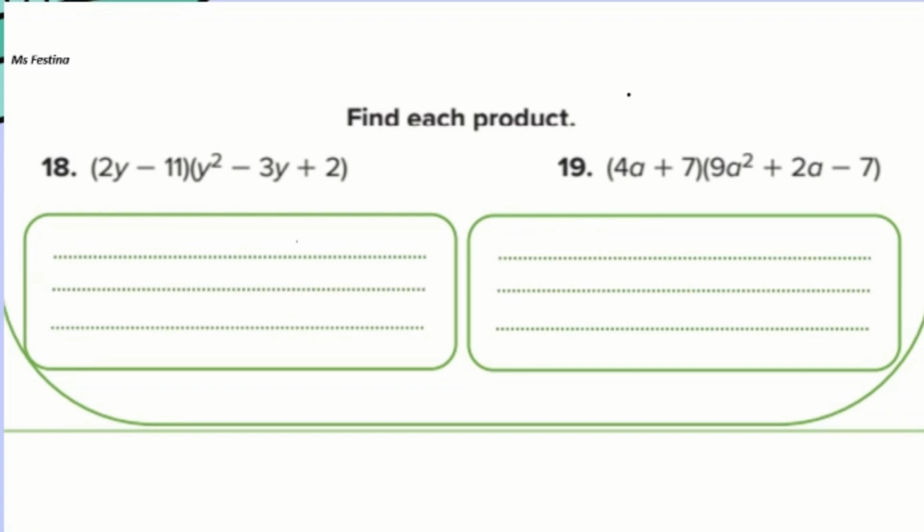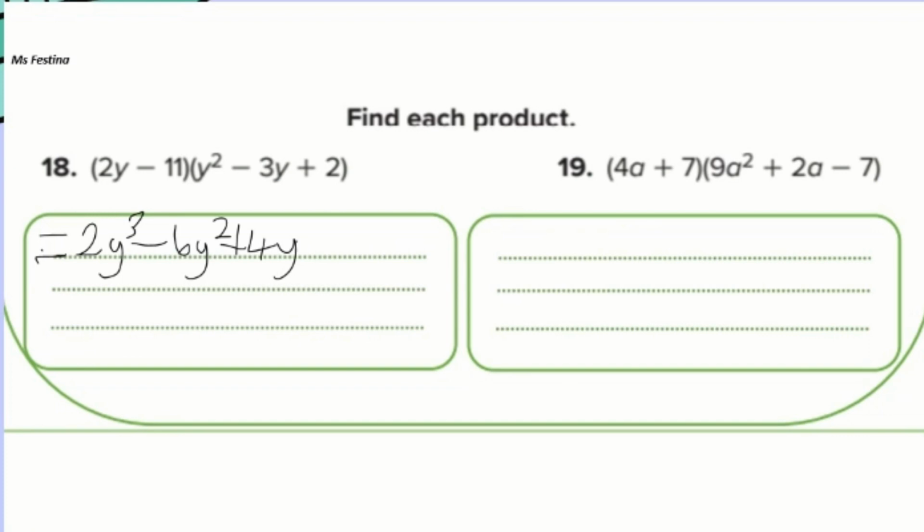So let's look at this question again. 2y multiplied by y squared will give me 2y to the power 3, and then 2y multiplied by negative 3y will give me negative 6y squared, and then 2y multiplied by positive 2 will give me plus 4y.